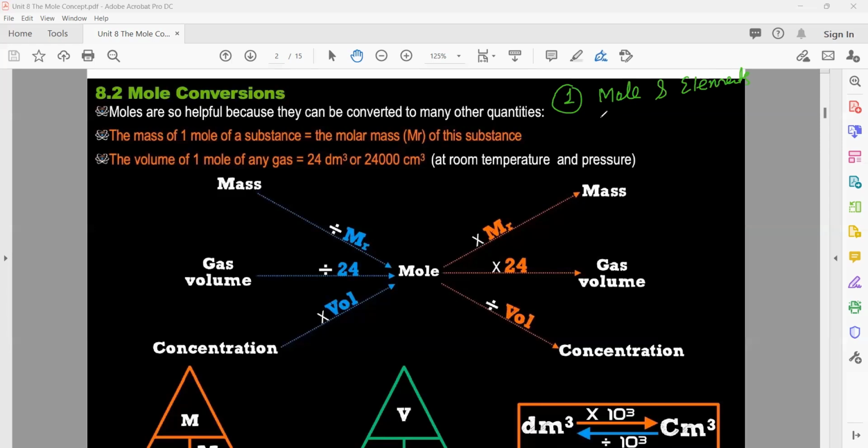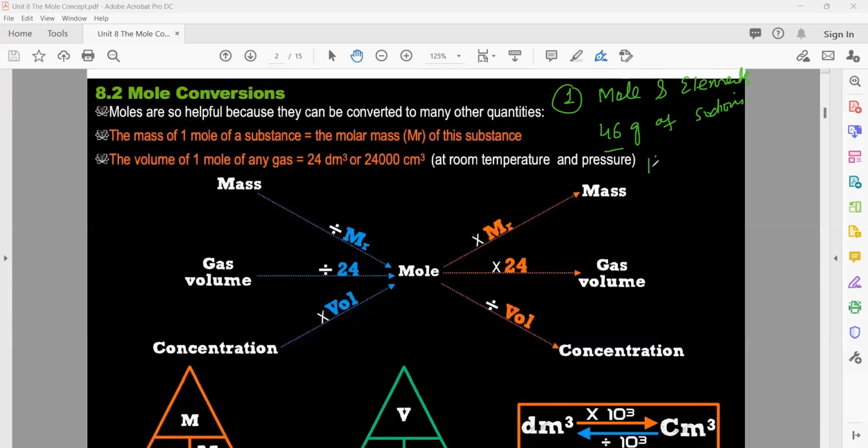For example, I will say to you, I have 46 grams of sodium. Now they gave you this one.